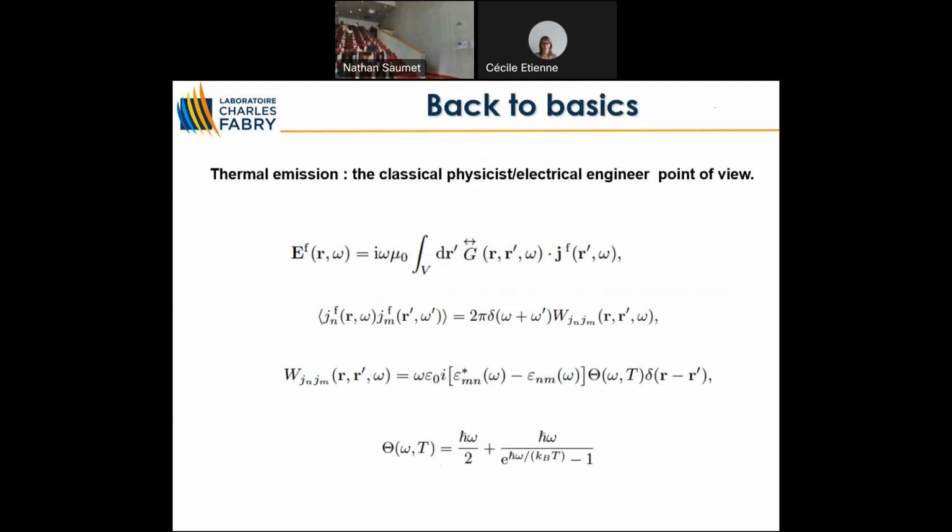Okay, third picture. I'm going to need this one a lot. When you look at thermal emission, my body is at 300 Kelvin, so I'm emitting at 10 micron right now.